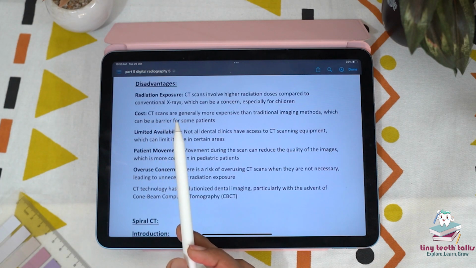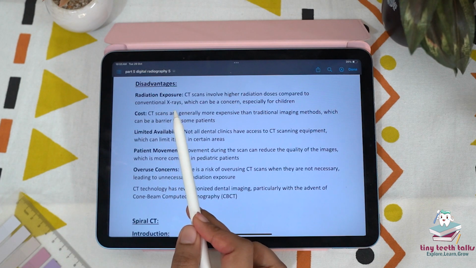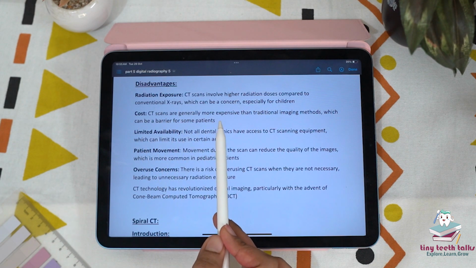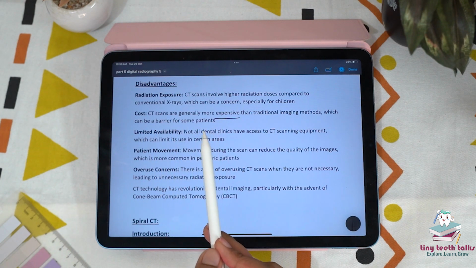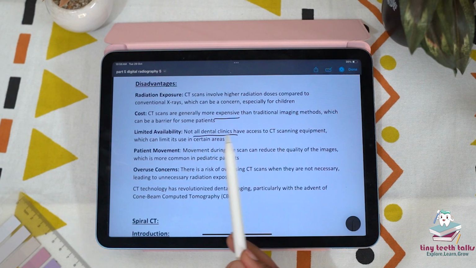Coming to the disadvantages. Radiation exposure: CT scans involve higher radiation doses compared to conventional X-rays, which can be a concern especially for children. Cost: CT scans are generally more expensive than traditional imaging methods, which can be a barrier for some patients. Limited availability: not all dental clinics have access to CT scanning equipment, which can limit its use in certain areas.